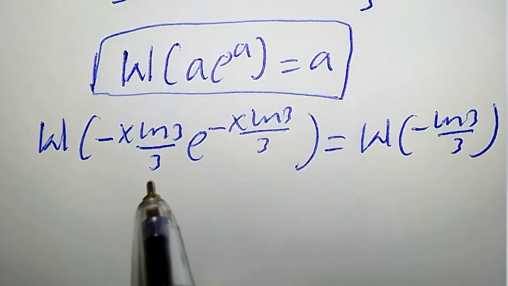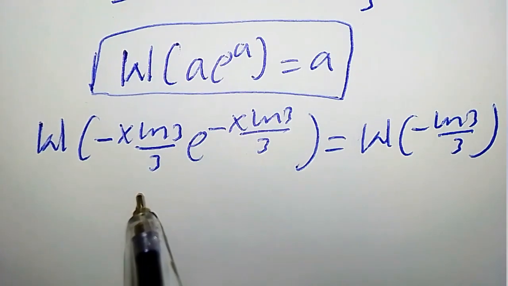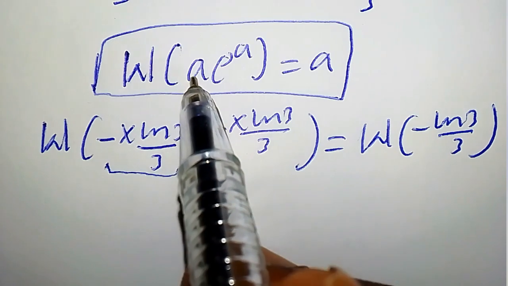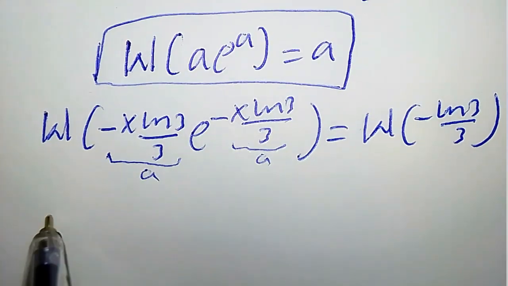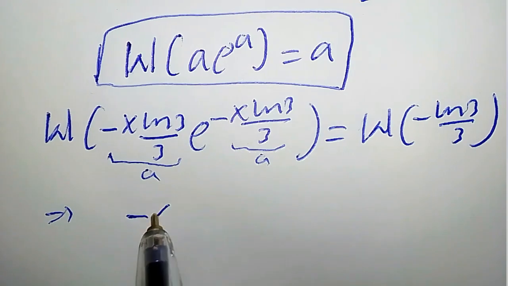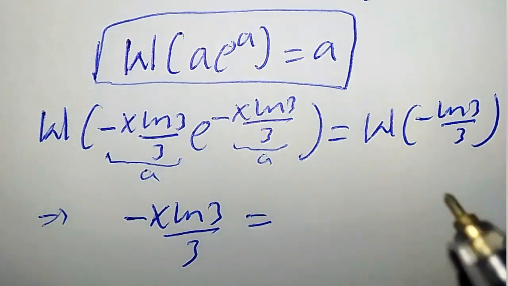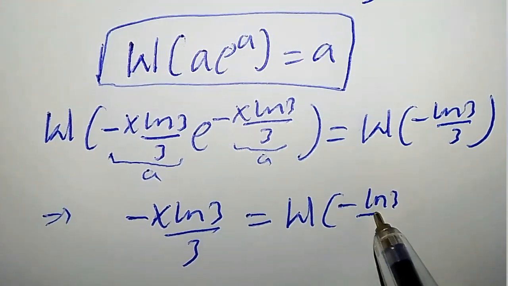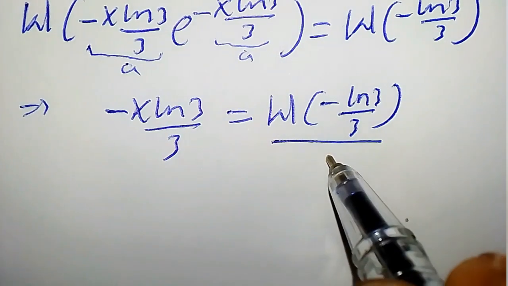You will observe that by comparing this left hand side with this, negative x ln 3 over 3 is a. This is a. This implies that negative x ln 3 over 3 is equal to W of negative ln 3 over 3. This whole thing is over 1.